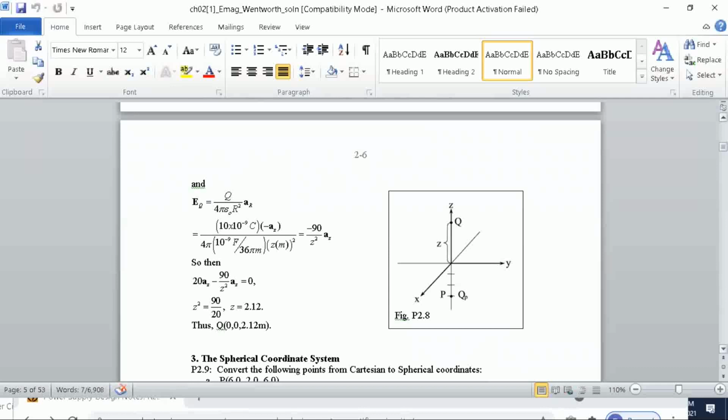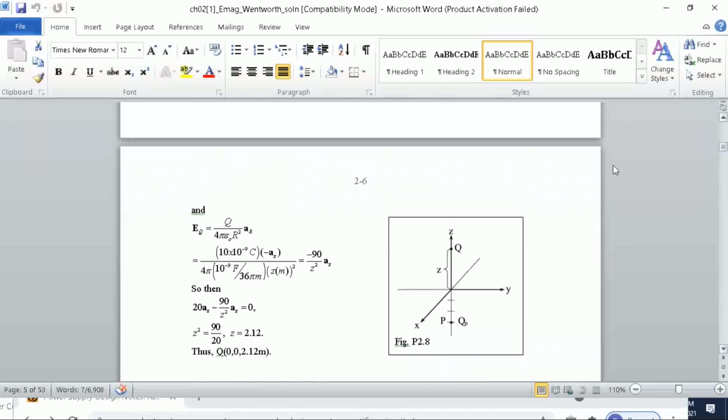So then, we know what EP is. EQ is Q over 4 pi epsilon naught R squared AR. We know AR is AZ. So once we set this up, this is the unknown.